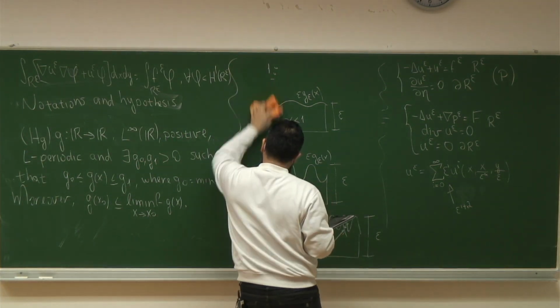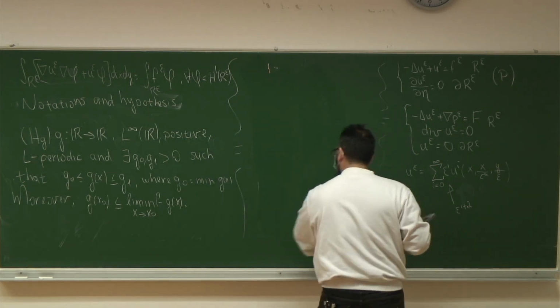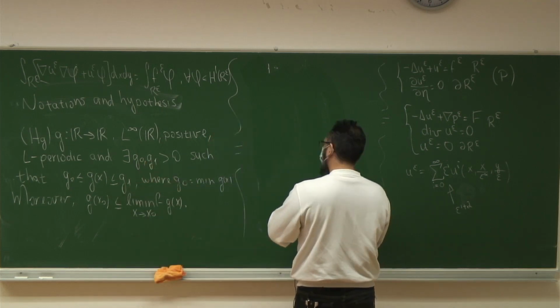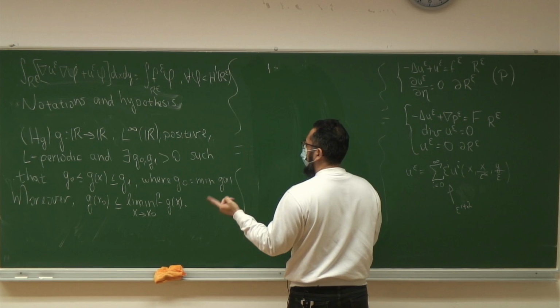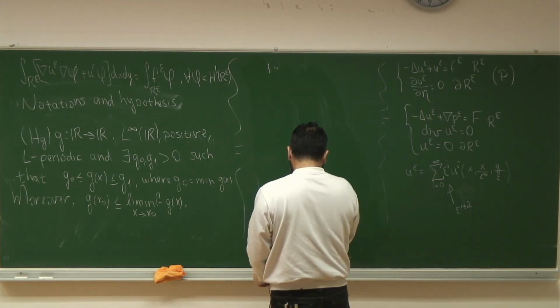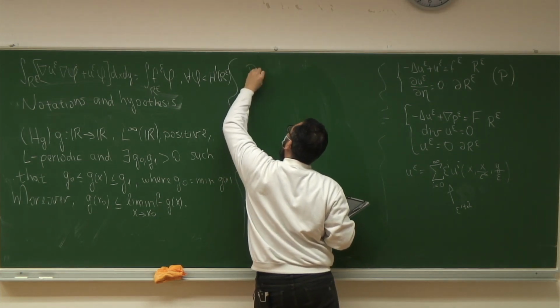So, continuing with the notations, and now this is just the first hypothesis. I guess it's the only one with the exception of F, but we denote the basic cell.